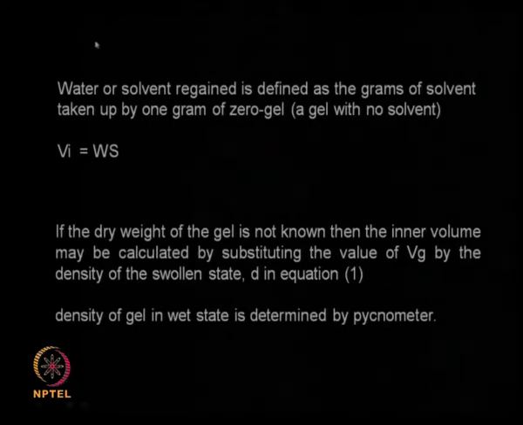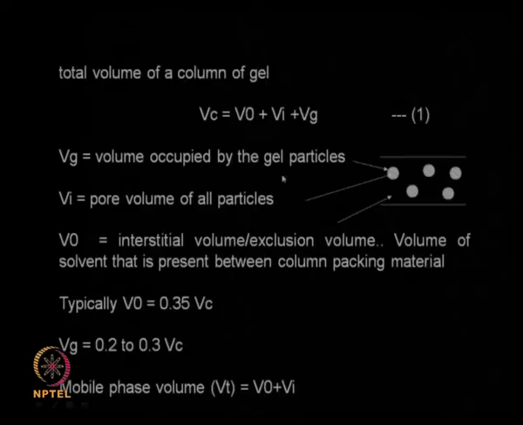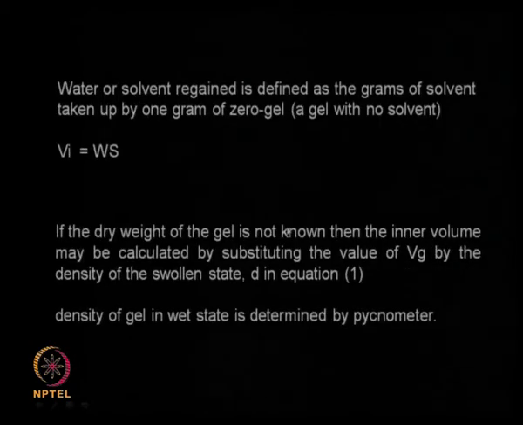Okay. So the water or solvent regained is defined as the grams of solvent taken up by 1 gram of zero gel. Zero gel means the gel does not have any solvent, that means it is very dry. So if the dry weight of the gel is not known, then the inner volume may be calculated by substituting the value of Vg, that is the volume occupied by the gel particles when it is completely swollen, by the density of the swollen state. Okay.